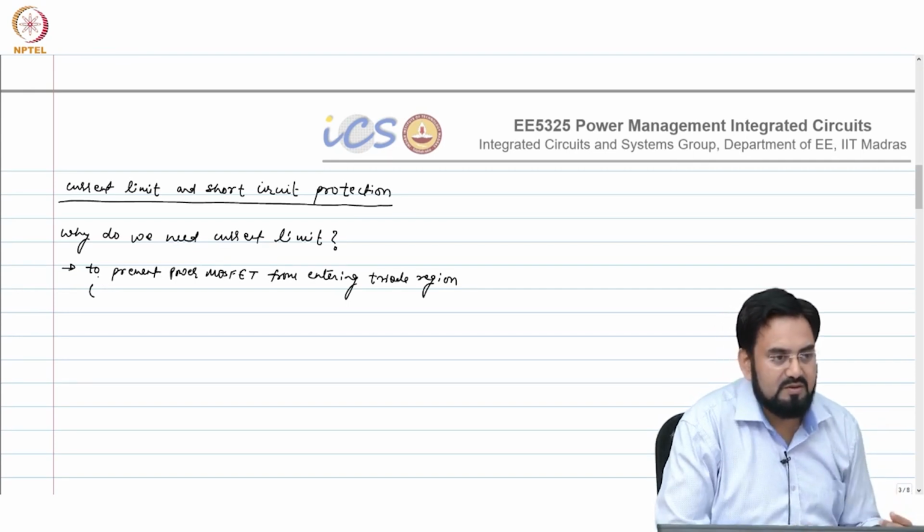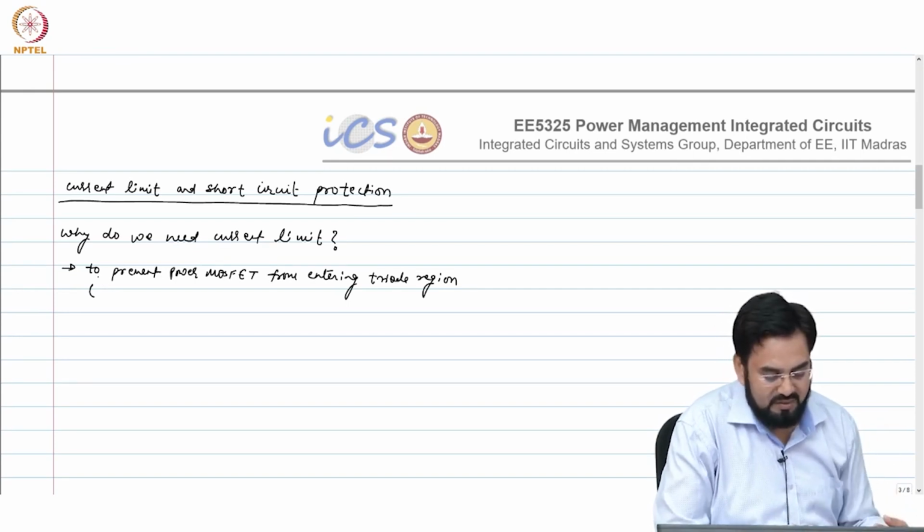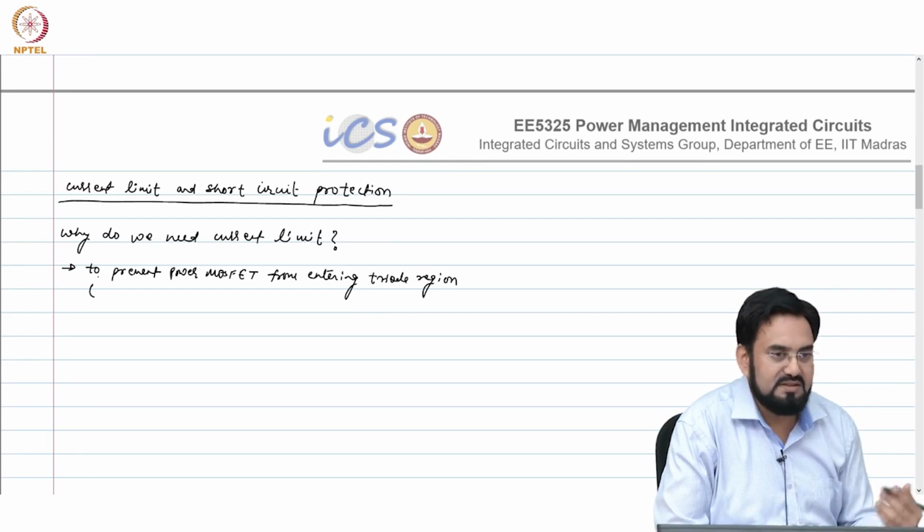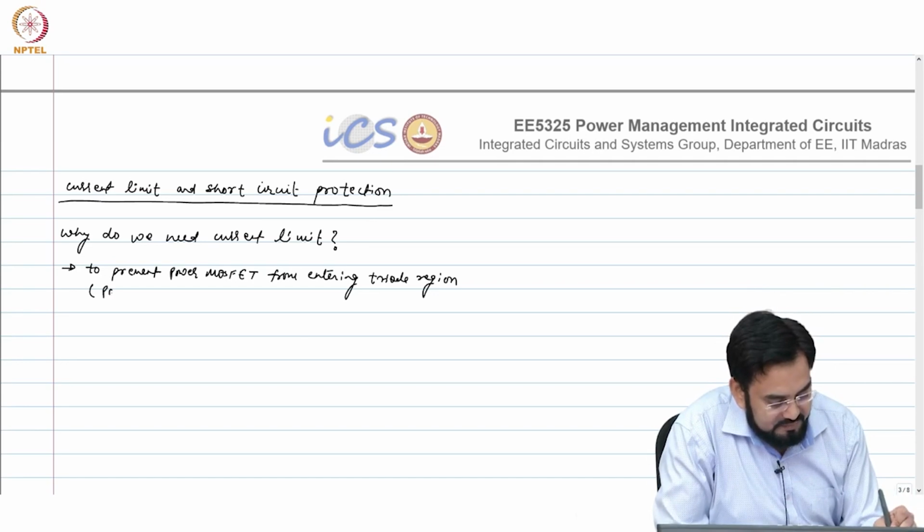Why don't we want to have our devices in the triode region? So poor PSRR.